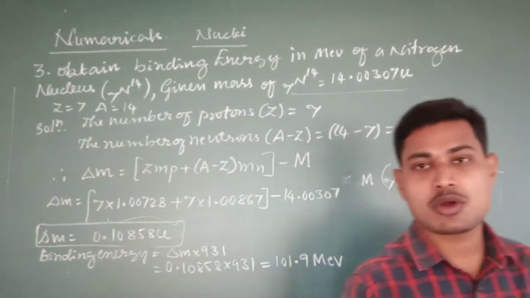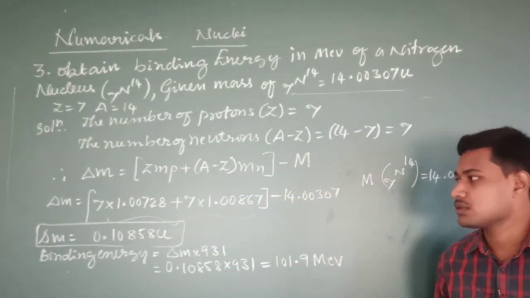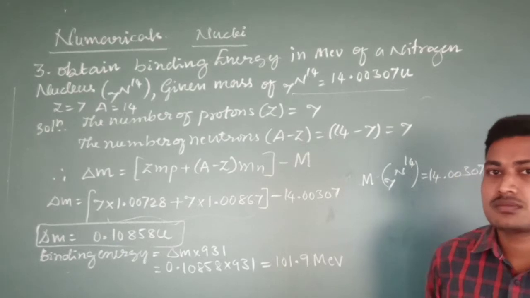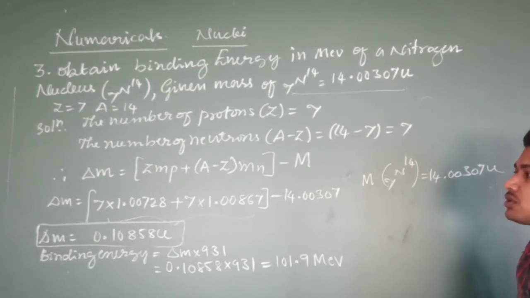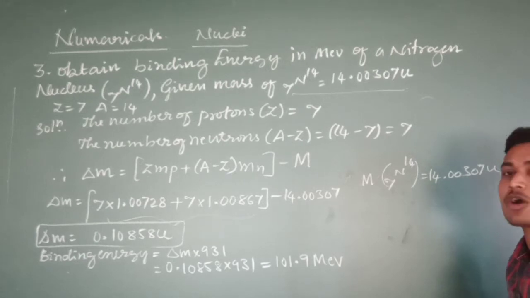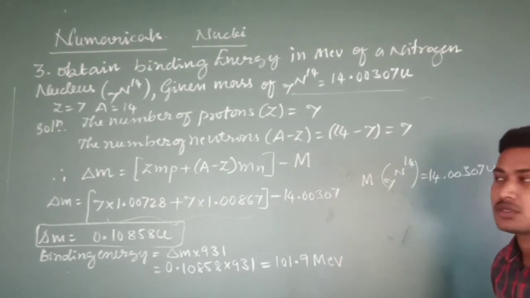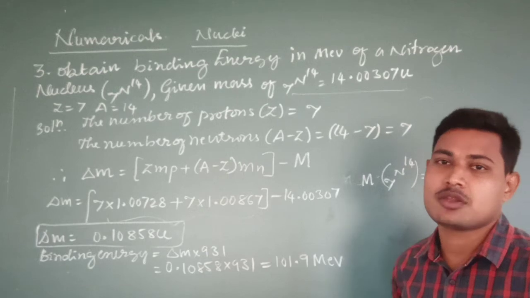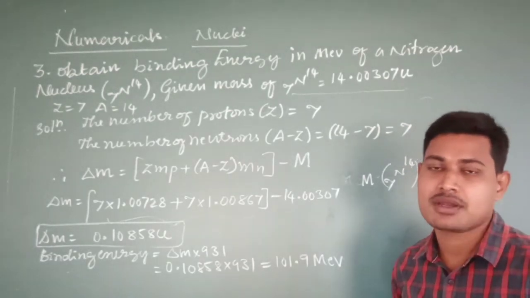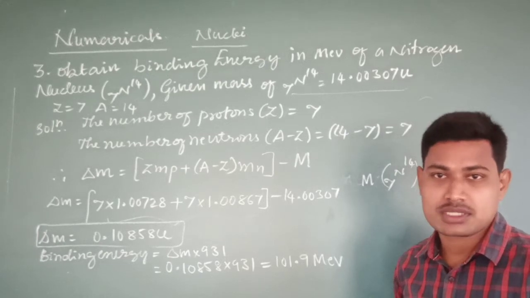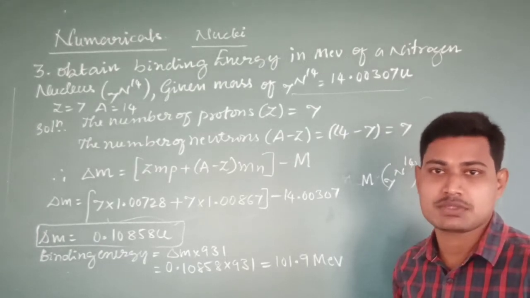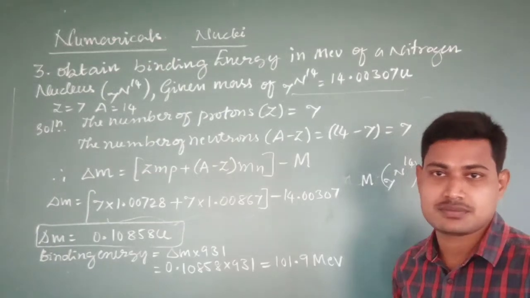Try to understand these problems. Very simple one. The only thing is that you should know how to do it, which formula to apply, and what concept is behind it. Every time we say, while solving a numerical problem, try to read the question carefully and understand it. If not, first read the theory concepts carefully, then you can go through this.